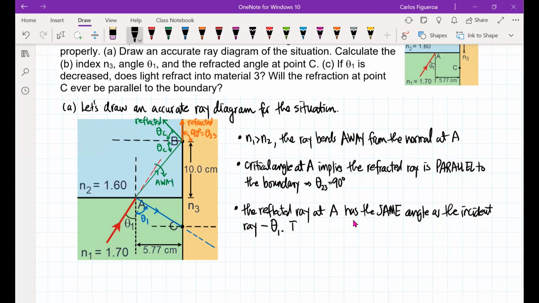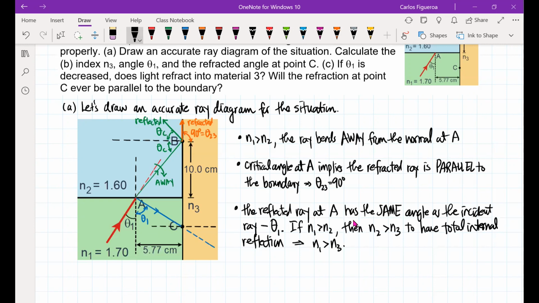If N1 is greater than N2, then N2 must be greater than N3 to have total internal reflection. So this immediately tells us that N1 must be greater than N3.